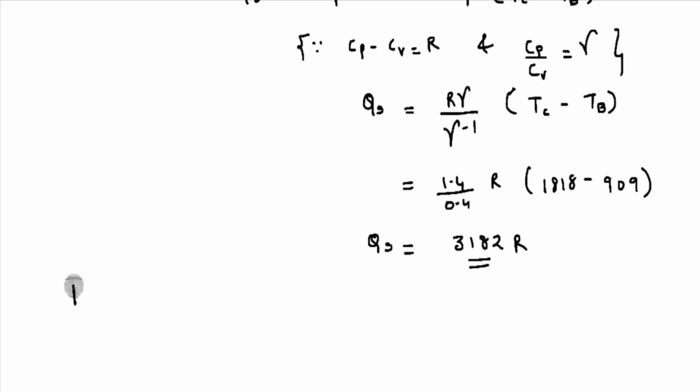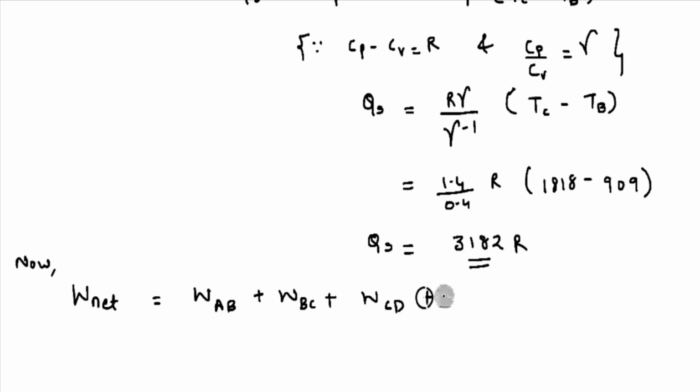So net work done, W net, is nothing but work done from A to B plus work done from B to C plus work done from C to D, and finally work done from D to A. We have to calculate all four work done and just add them up, so we will get net work done.